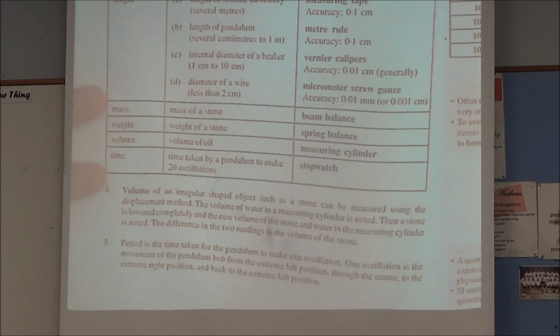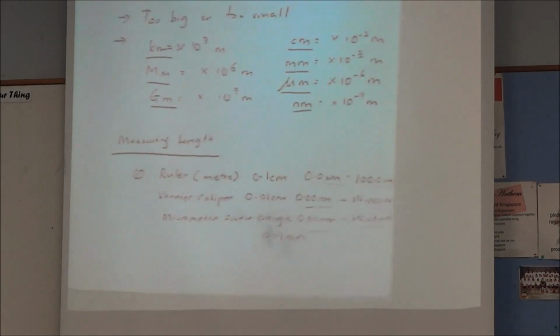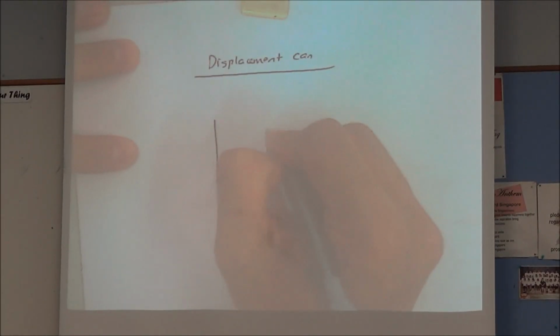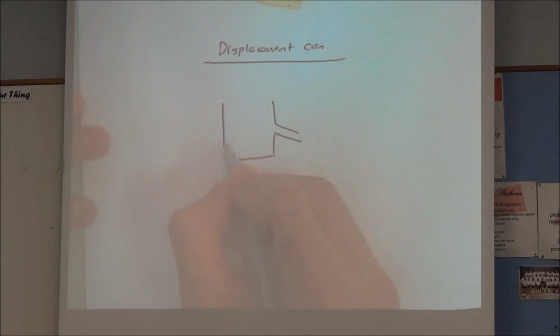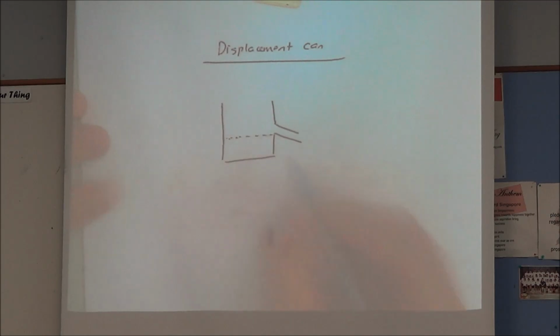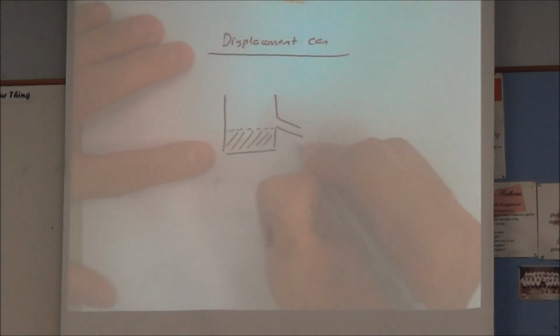You learned this in lower secondary. I draw for you. You have a very big can, filled with water up to this part. Then you have a container collecting the water.